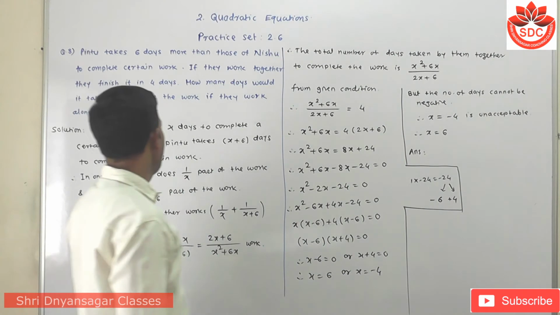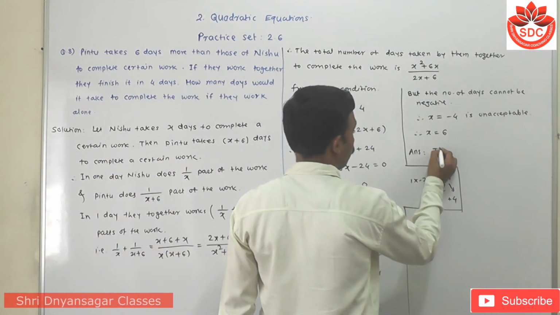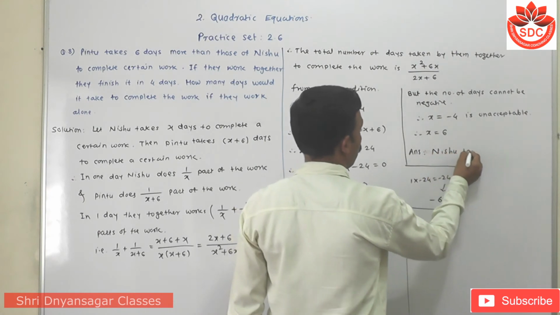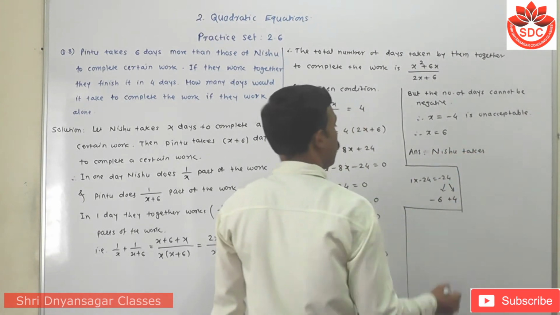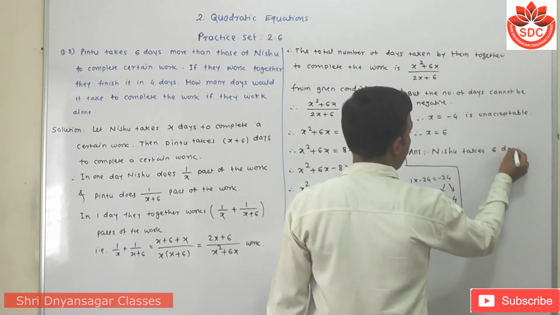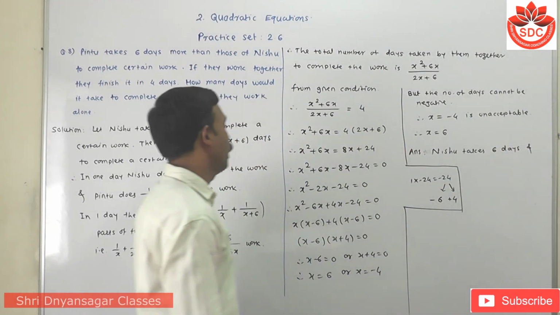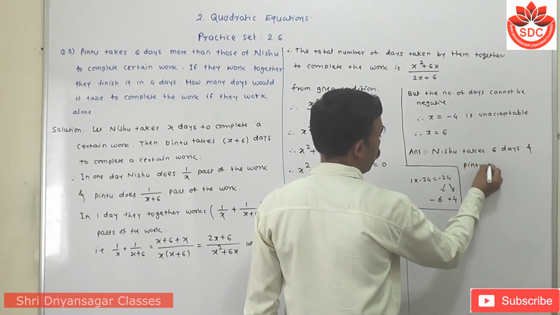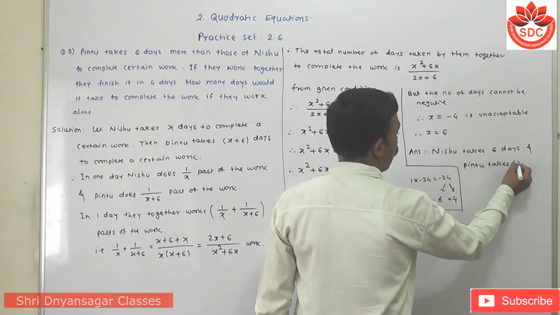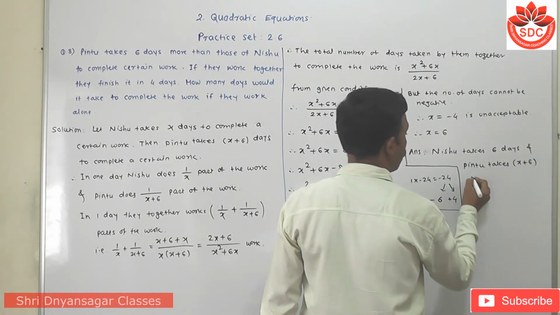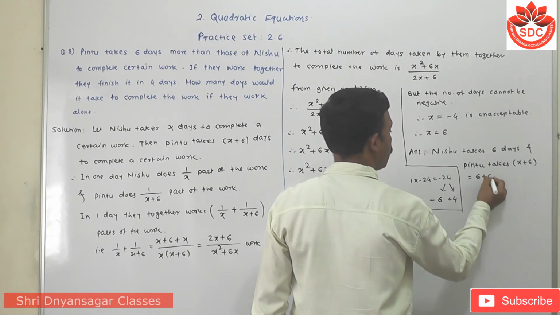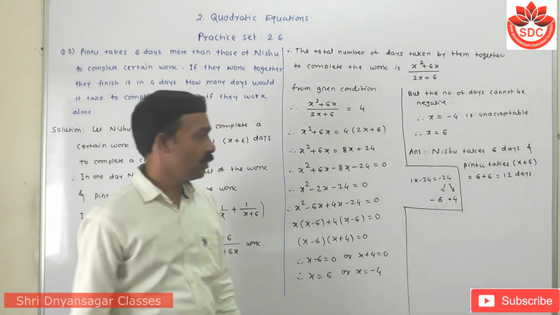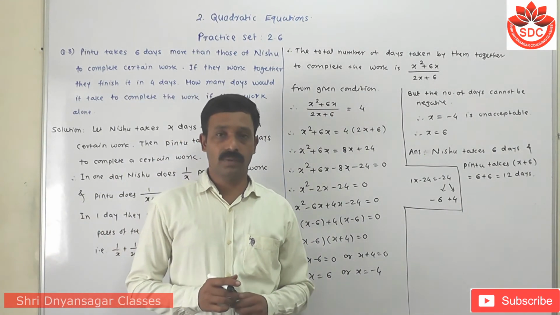Therefore, Nishu takes 6 days and Pintu takes x plus 6 is equals to 6 plus 6 is equal to 12 days. Can you understand this? Okay. We see the next question.